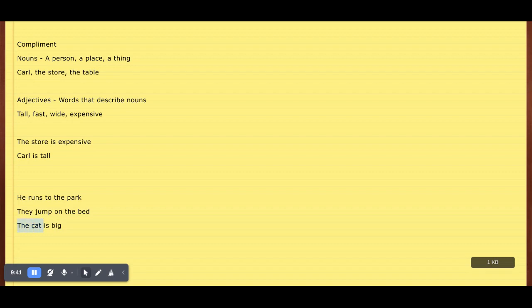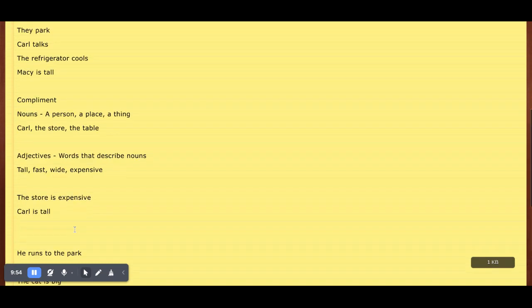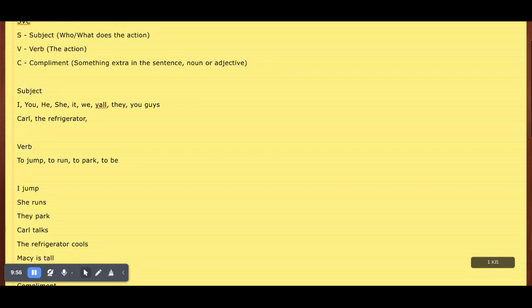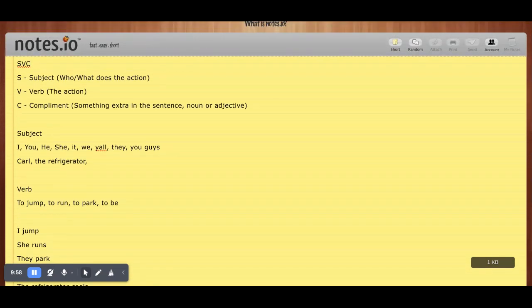That's an adjective that's describing a noun. So in certain cases, actually in every case, the subject is also going to be a noun. And so sometimes we can have an adjective to go along to complement that noun as the subject. And so if you understand how all three of these things work and the necessity that these need in order to be in any language on earth, then you'll be able to do a very good job at establishing your base.